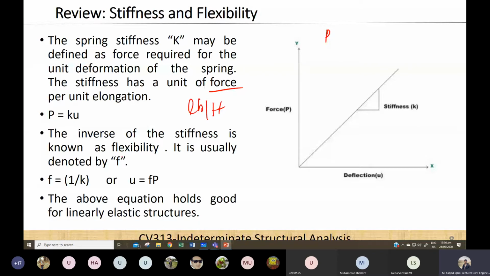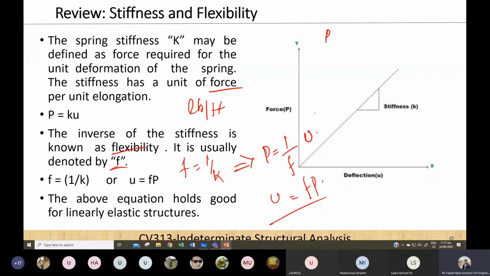Flexibility is simply the inverse of stiffness, and it is denoted by F. If stiffness is K, then F is equal to 1 over K, and if I substitute this, we have P is equal to 1 over F times U, or I can write the equation for flexibility as U is equal to FP. So we have to use these terms in the analysis methods, and that is why I'm just reviewing it briefly so you have these things in mind.